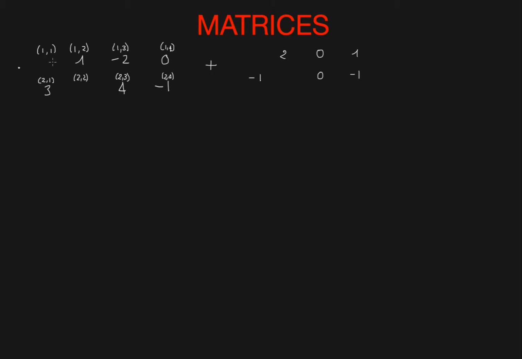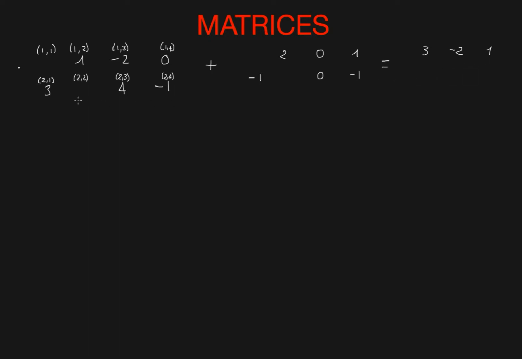Okay, so in the first position there will be nothing appearing because there is nothing in the first and nothing in the second. Then in position 1 2 we will have 1 plus 2, so we'll have a 3. -2 plus 0 will be -2. 0 plus 1 will be 1.